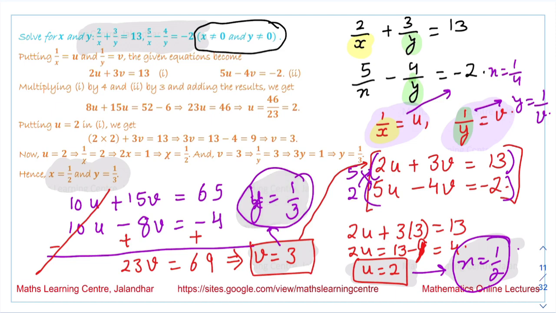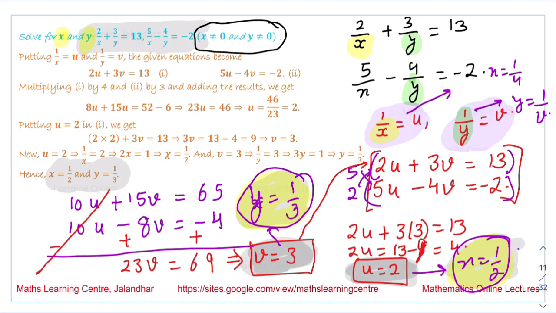If you leave this step out, then the marks may be deducted. It is not that marks may be deducted, it will be deducted, because the question is solved for x and y. It is not solved for u and v. So this thing you must keep in mind while solving these kinds of questions.